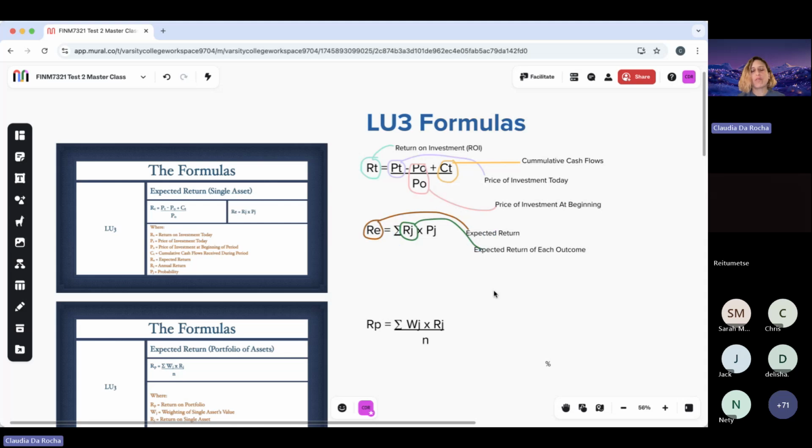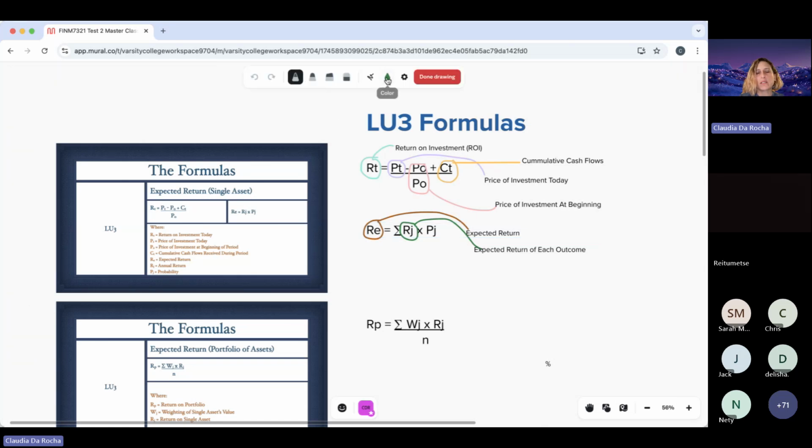So if you have 5 different probabilities, you're going to be adding them all together. So the sum of RJ times P, P being your probabilities.